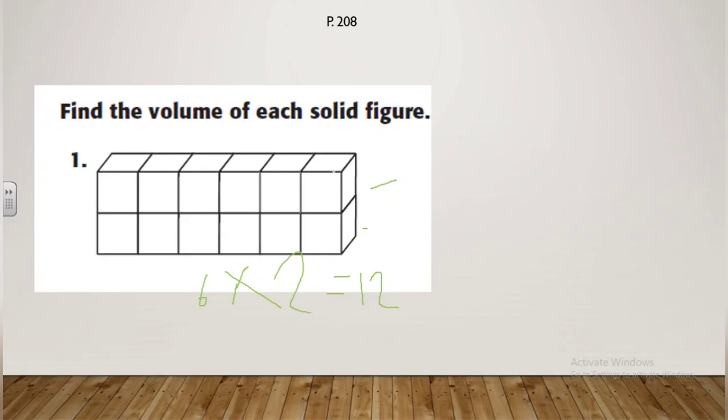Or you can count one by one. 1, 2, 3, 4, 5, 6, 7, 8, 9, 10, 11, 12. So the volume here equals 12, okay?